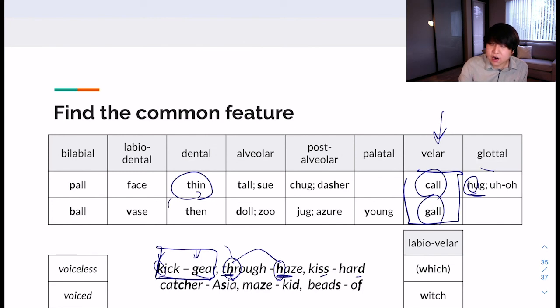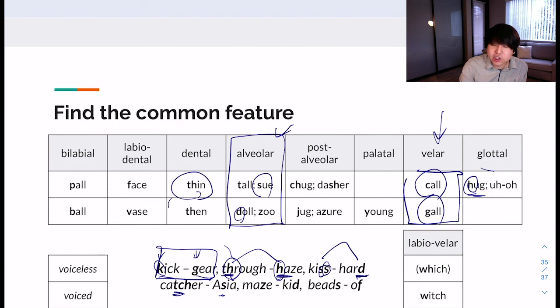Kiss and hard. Kiss ends with a voiceless alveolar sound as in Sue. And hard ends with a d sound as in doll. Both sounds fall into the same category of alveolar place of articulation, so these two sounds are both alveolar. Catcher, Asia.